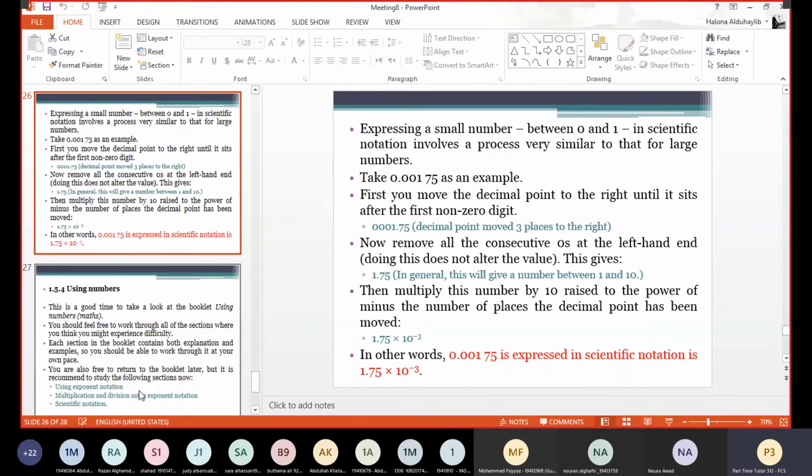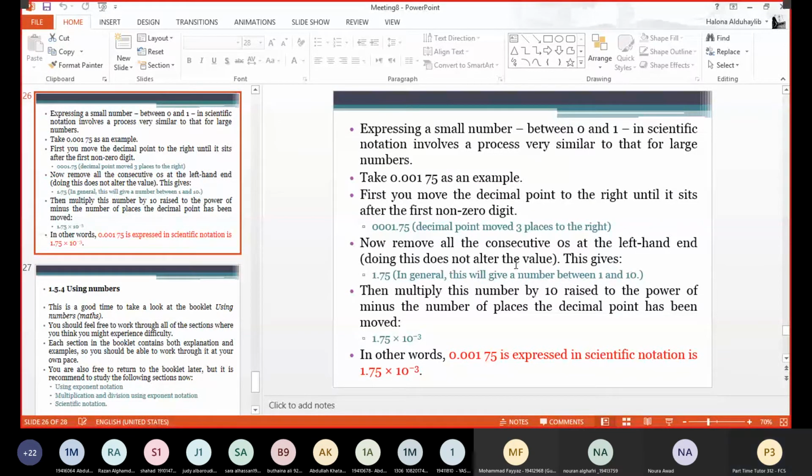Expressing a small number between 0 and 1 in scientific notation involves a process very similar to that for large numbers. For example, if we have 175 out of 10,000, first we need to move the decimal point to the right until it sits after the first non-zero digit. So we need to transfer it to 1.75, moving the decimal point 3 places.